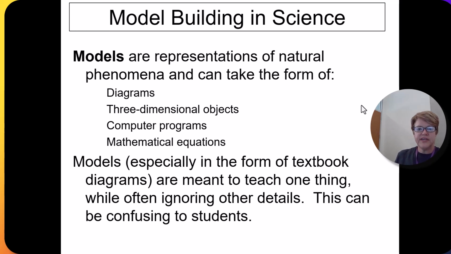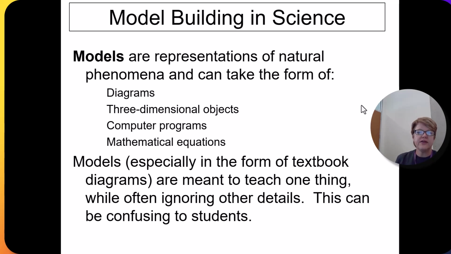The last little bit of lecture has to do with the way that you're going to interact with some of the models that we look at in the course. A model is some kind of representation of something in science, at least for us. Models for us will take the form of diagrams on the PowerPoint or in the textbook.